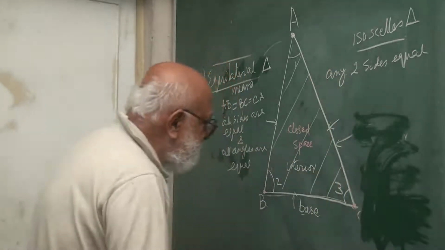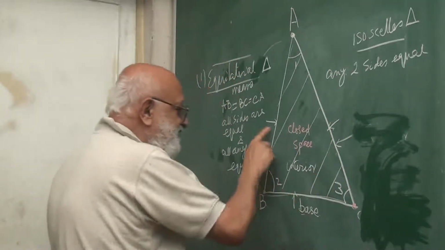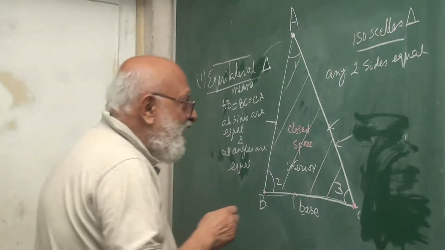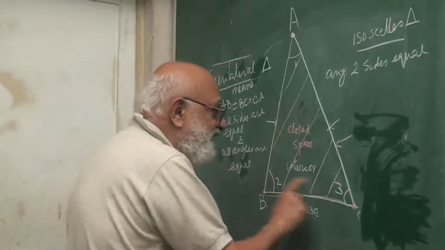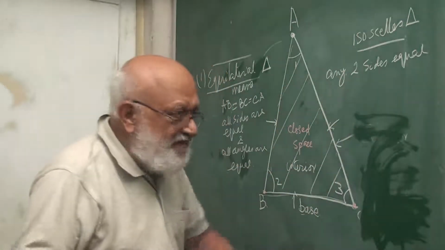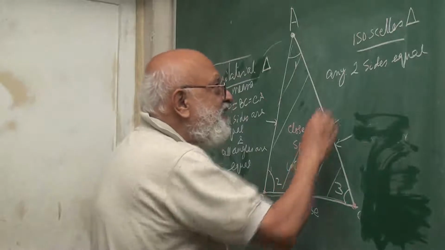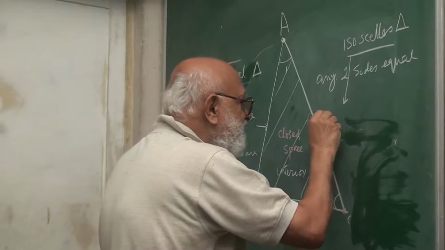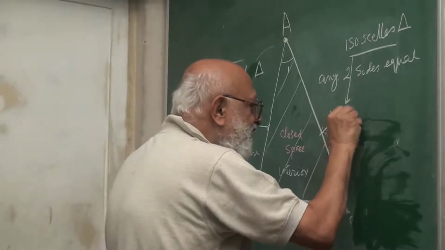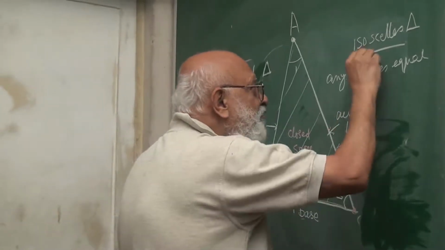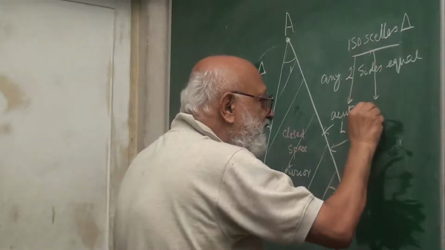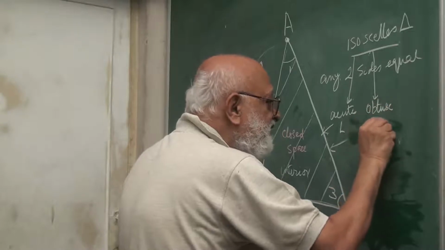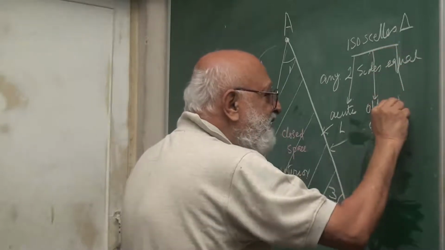Means these two sides, or this side and this side, are equal. Now since here the angles become different, we can say an isosceles triangle can be acute angled, it can also be obtuse angled, and it can also be right angled.